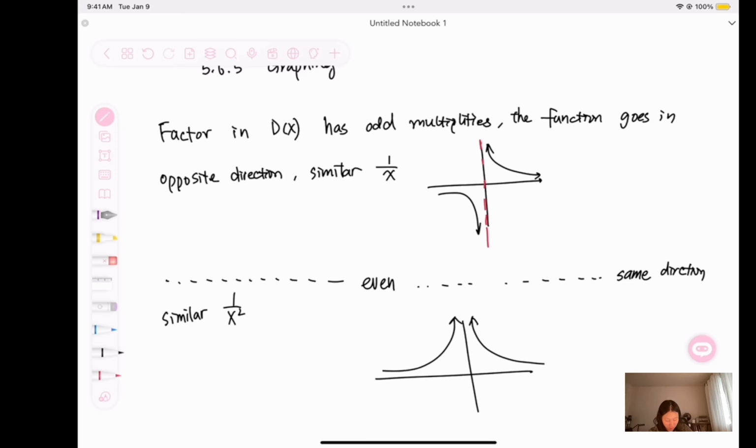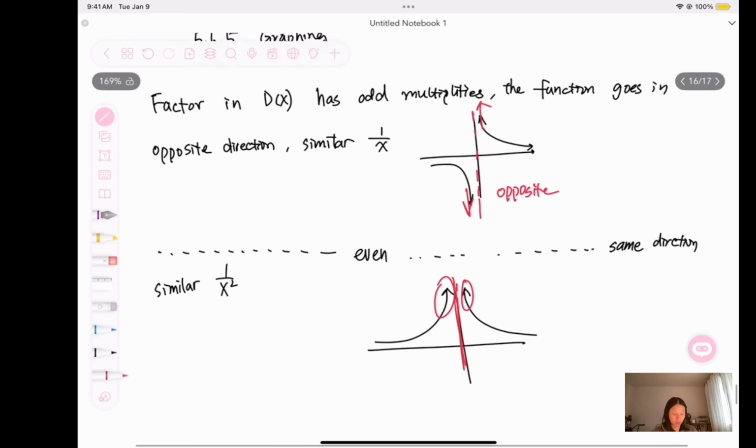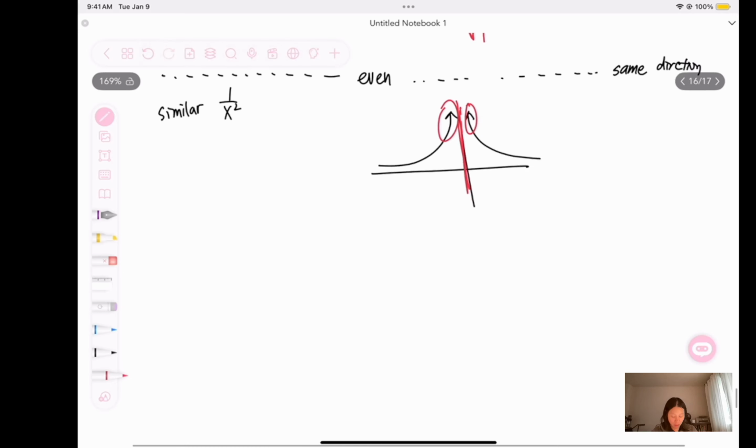The asymptote is still the y-axis. When they get close to the asymptote, they both go up in the same direction, and these two branches are adjacent to each other. And these two go in opposite directions, one going up, the other going down. This is the local behavior nearby the asymptote.